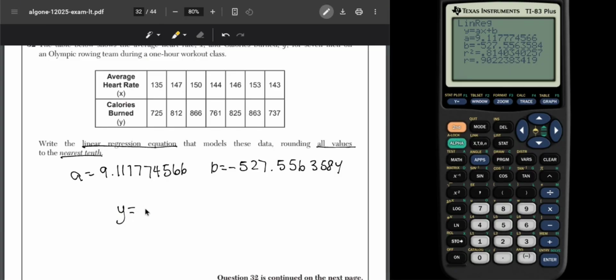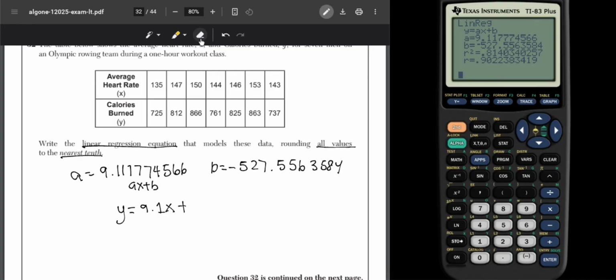So remember, your linear reg is in the form ax plus b. My A is 9.117774566. To the nearest 10th, my A is going to be 9.1x plus my B was negative 527.5563584.